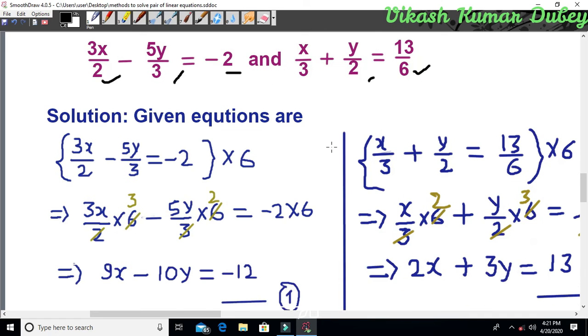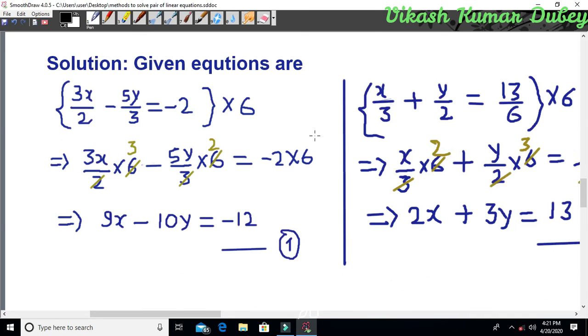We will write these equations this way, and I have multiplied the whole equation by 6. Why? Because the denominators on the left hand side are 2 and 3, and their LCM is 6, so I am multiplying by 6.